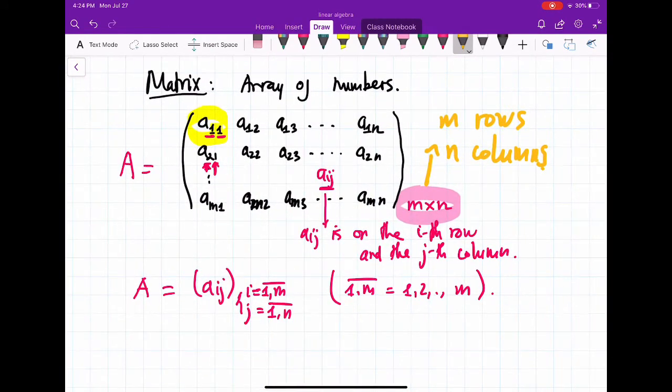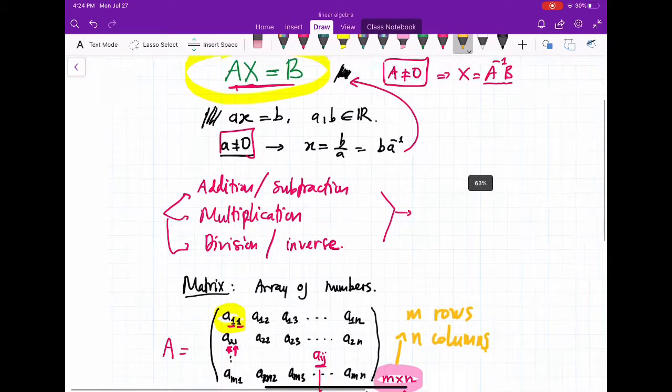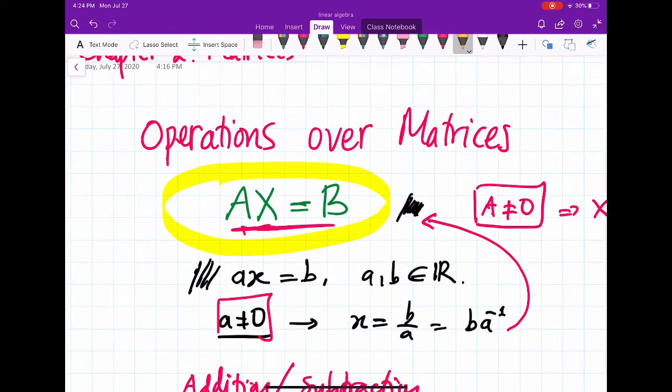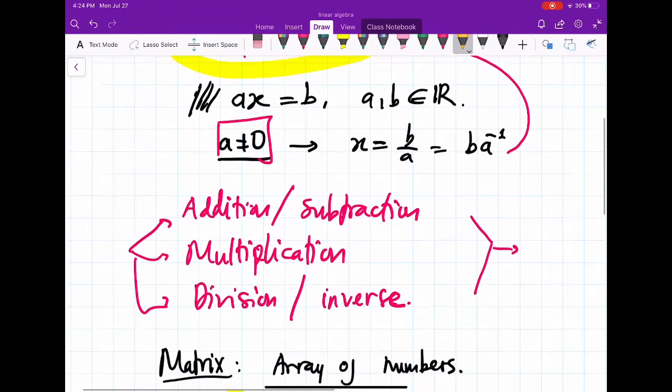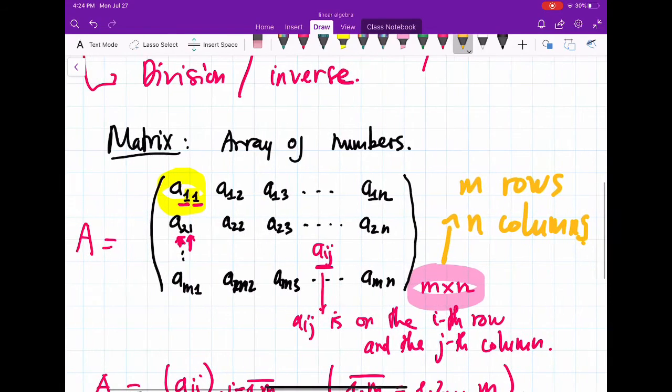Now, if you just look back at the system of linear equations, Ax equal to b right here. When we solve such a system in the matrix form, remember that we have two kinds of matrices, right? The coefficient matrix and the augmented matrix. Do you remember that? The size of the coefficient matrix in that case depends on the number of equations.